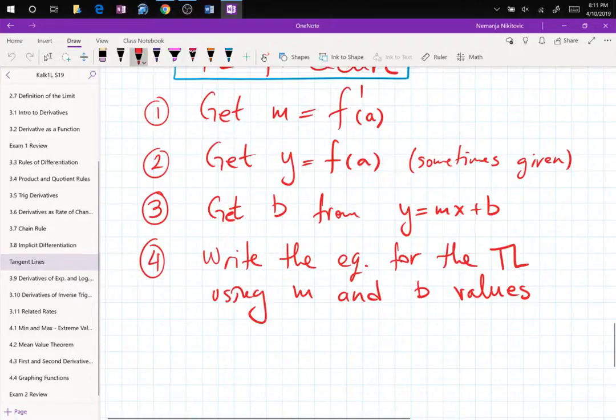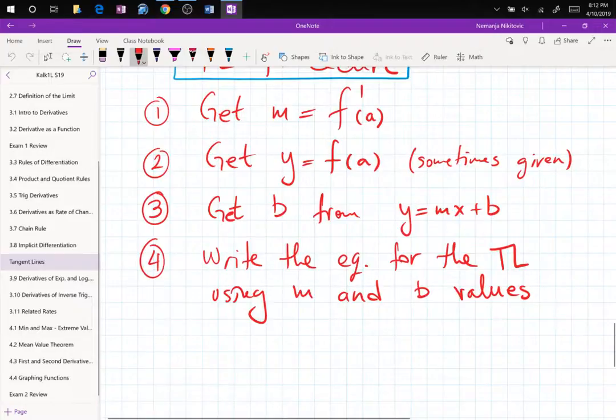But the derivative in step 1 assumes every section. Your derivative could be chain rule, product rule, quotient rule, basic. Right? So I can ask for a tangent line on the sine function. Derivative of sine is cosine. That's basic. Derivative of e to the x is e to the x. Or it could be implicit differentiation or the product rule.